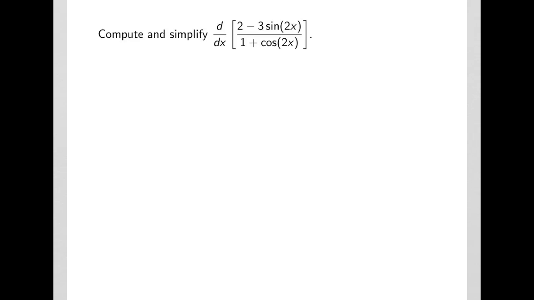The next problem in this section is to calculate the derivative of a quotient, which means we need to sing a song: low d high minus high d low, over low low. My function that we start with, f of x, is 2 minus 3 times the sine of 2x, all over 1 plus the cosine of 2x.